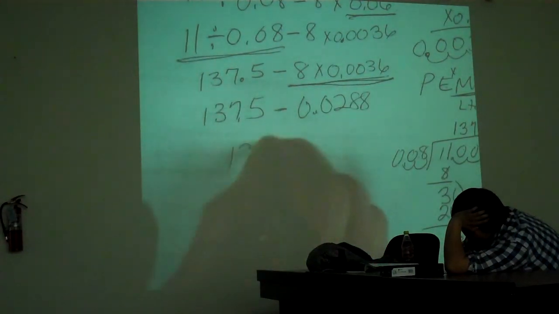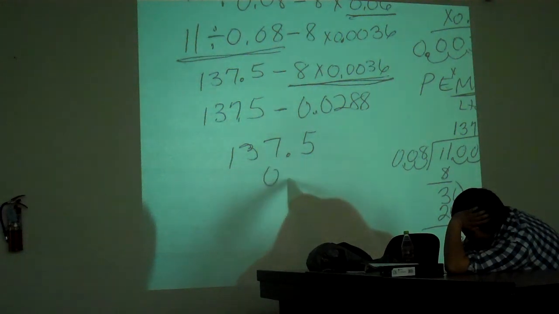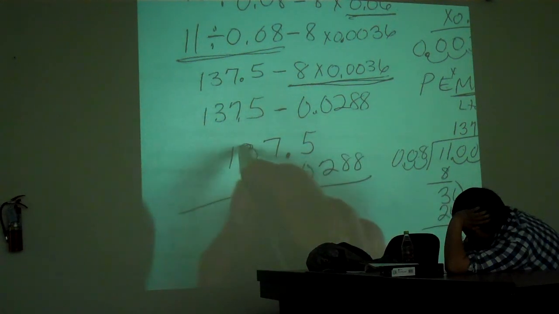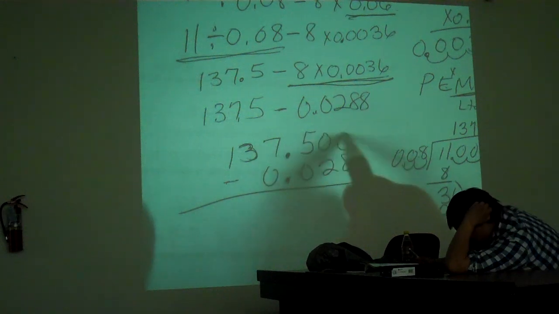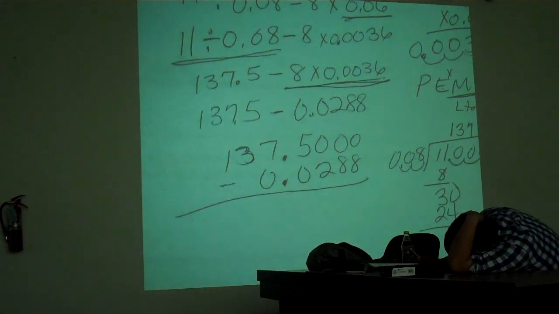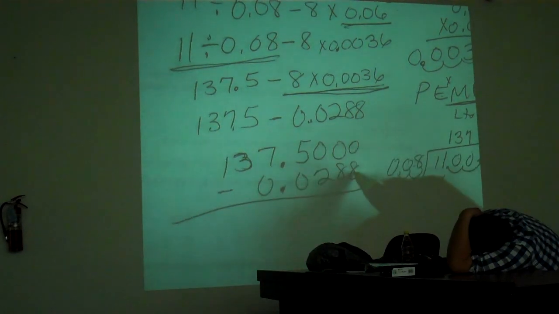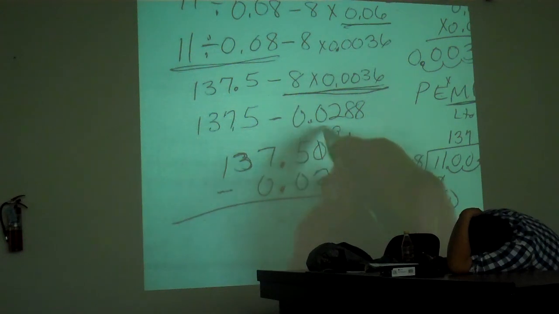0.0288 that you're subtracting from 137.5. So 137.5 minus 0.0288. Remember, you have to line up those decimals. For add and subtract, you have to line them up. We need to add some zeros so we have something to subtract from. Make sure you have them lined up well. Okay, borrow, that makes it 10, 9, makes that 9.